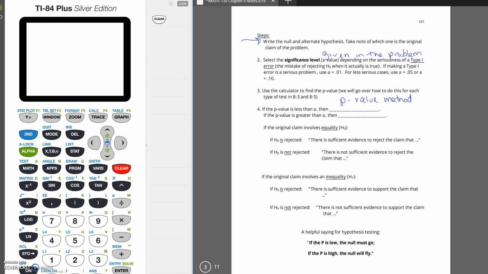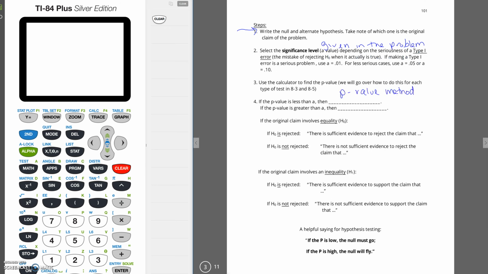If the p-value is less than alpha, then we reject the null hypothesis, we reject H0. And if p-value is greater than alpha, then we do not reject H0.